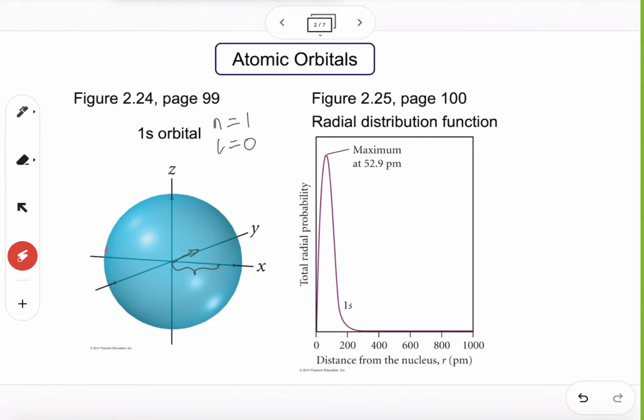Essentially, that means for the 1s orbital, you can find the highest electron density at 52.9 picometers distance. So that's why you see this spherical shape of the 1s orbital. So this is 1s.